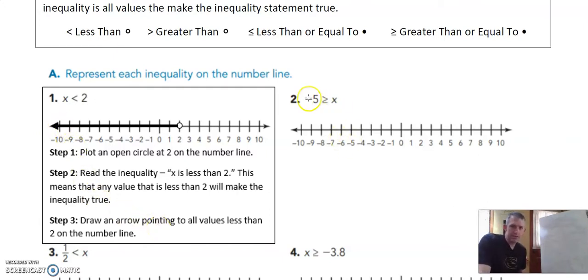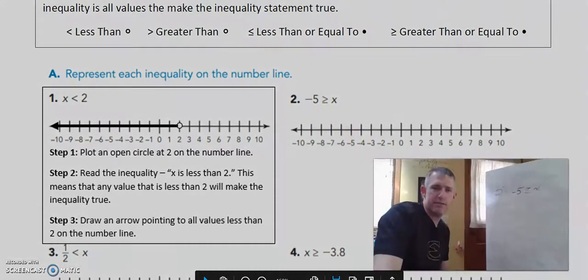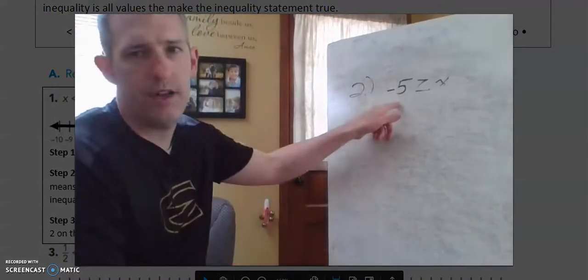On number 2, where it says negative 5 is greater than or equal to x, I'm going to write that on my board here: negative 5 is greater than or equal to x. So what would our graph look like for solutions to this inequality?